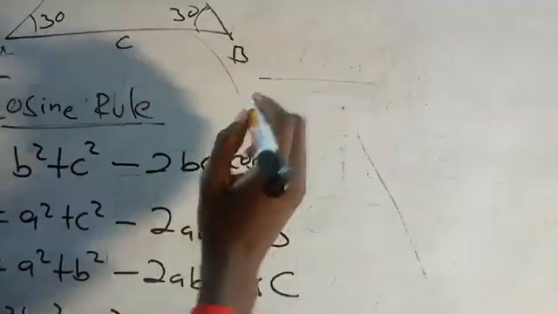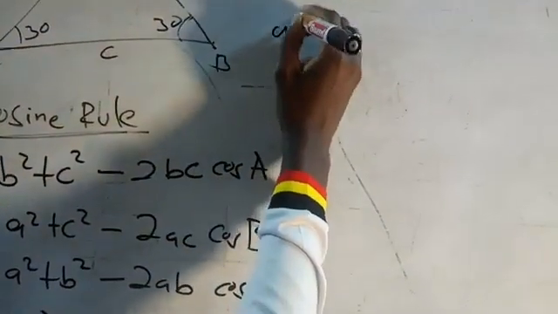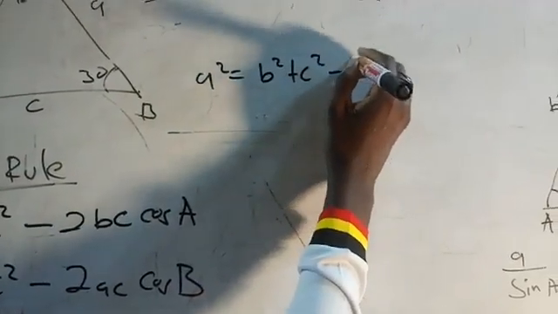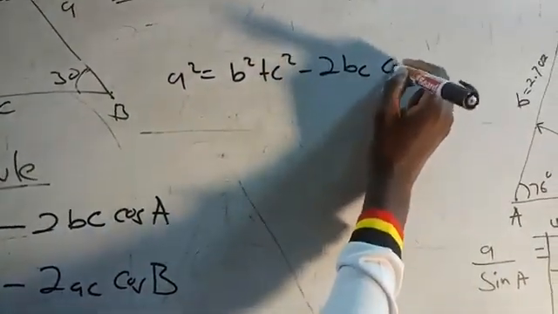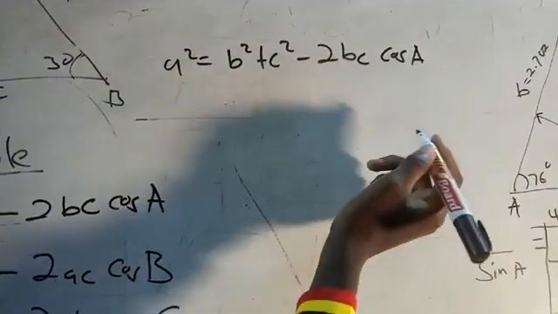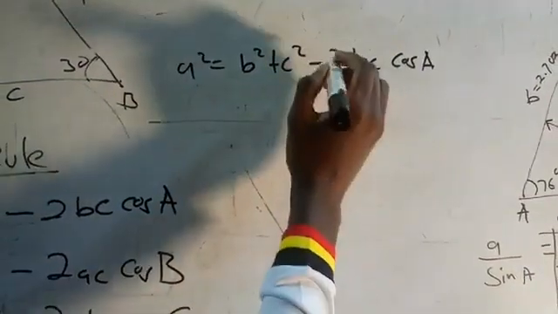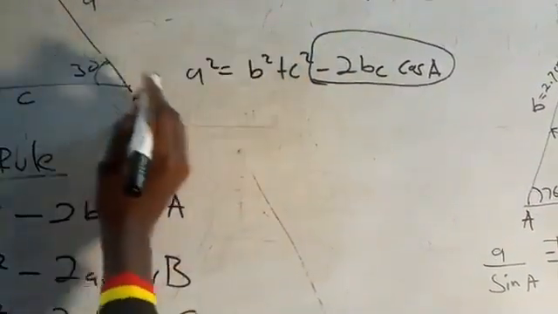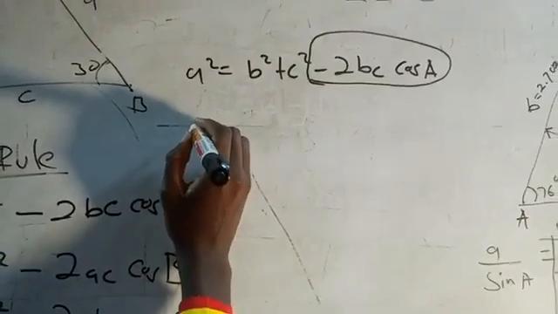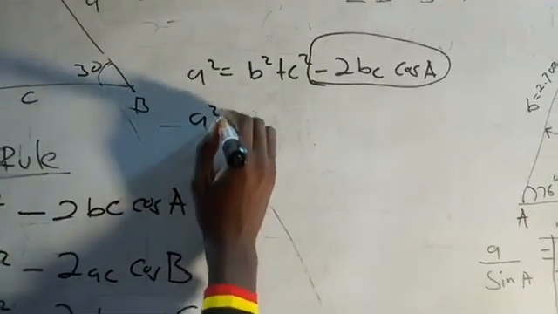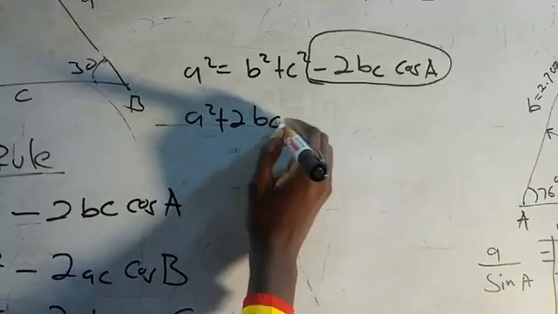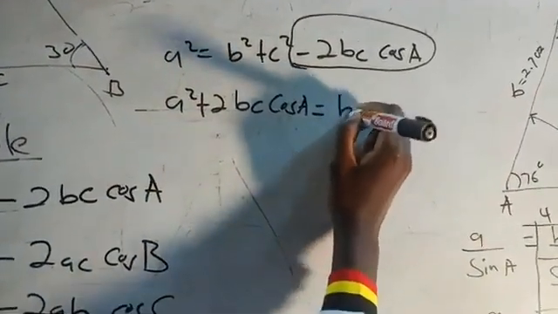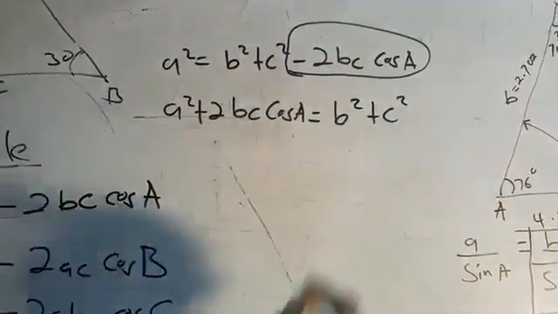It will be like this: a squared equals b squared plus c squared minus 2bc cos A. So we take this term to this side, becoming a squared plus 2bc cos A equals b squared plus c squared.